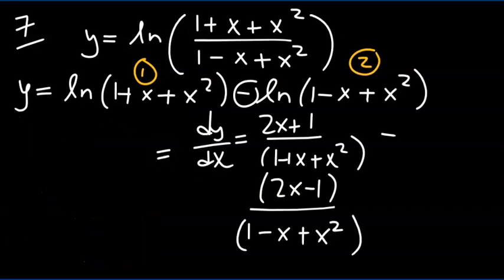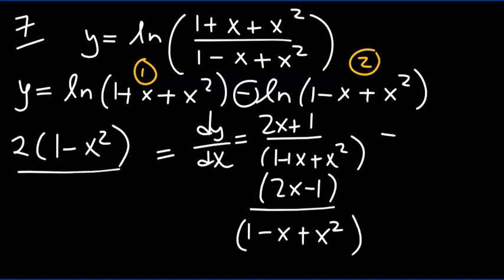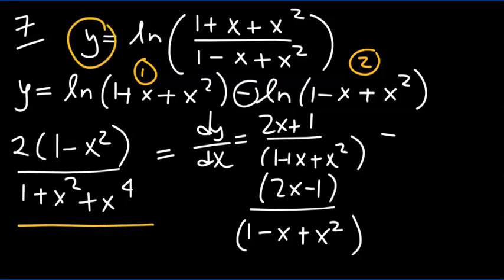With a little bit of algebra, this can be simplified to the following: 2 times 1 minus x squared over 1 plus x squared plus x to the power 4. And this is the final answer of differentiating this y with respect to x. Thanks for watching.